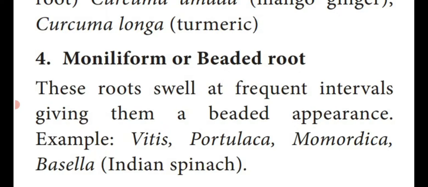That is known as moniliform or beaded root. The entire root looks like beads. Example, vitis, portulaca, momordica, basella. Basella is otherwise known as Indian spinach. Those are all examples of moniliform or beaded root.